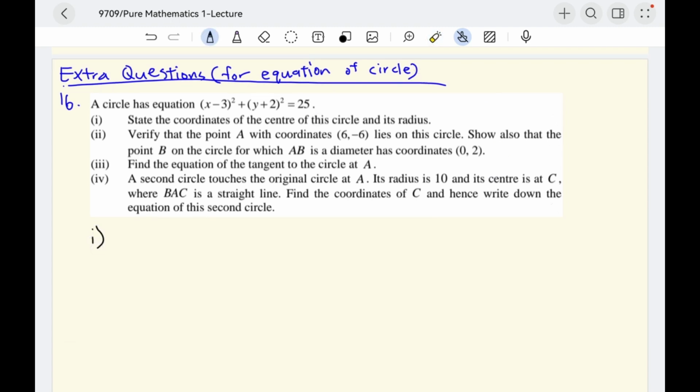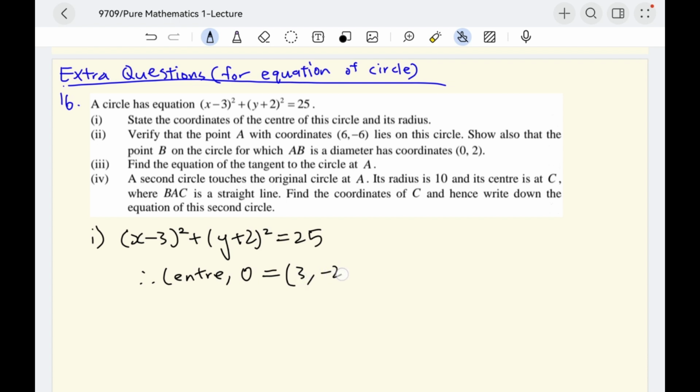Let me copy the equation over here. Using the standard form, this is the concept for the equation of circle. You must state that the center of the circle, let's say O, is (3, 2).